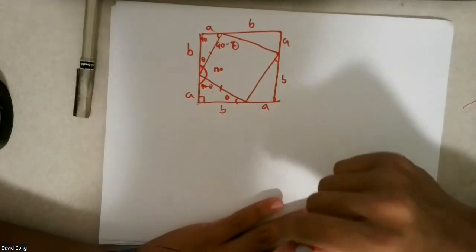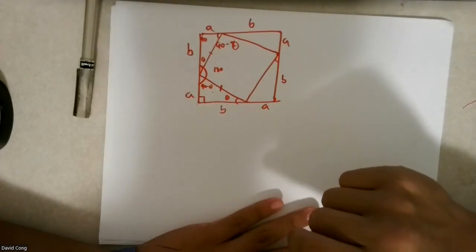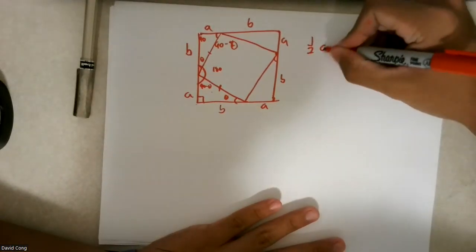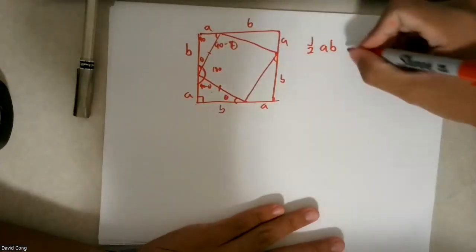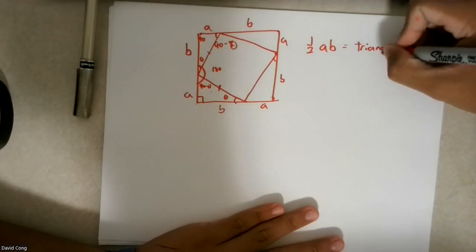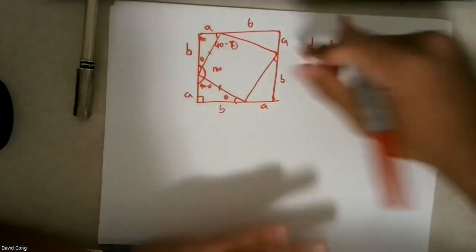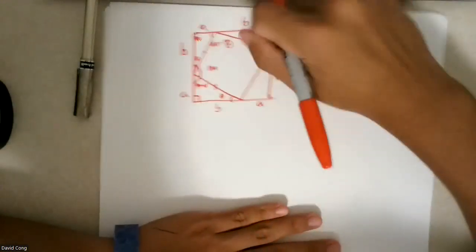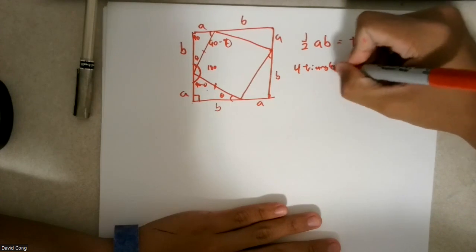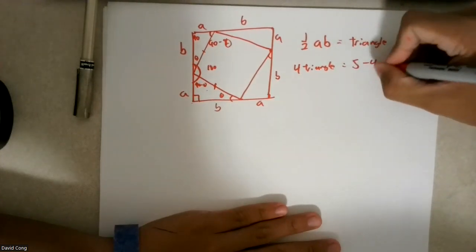And we want to find A times B. Wait a minute. 1/2 A times B equals the area of one of the triangles. Let's think about it again. The area of 4 triangles is equal to 5 minus 4.